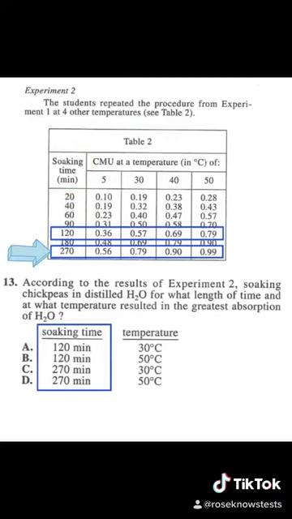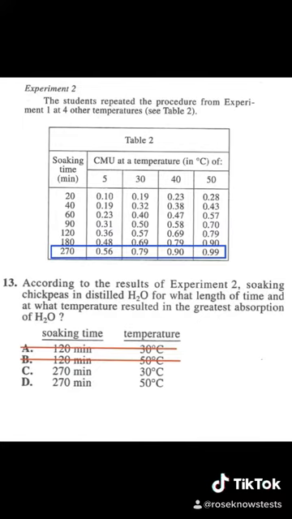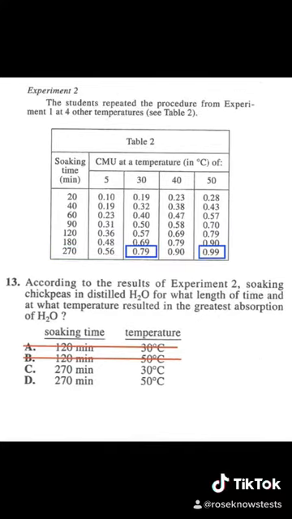As you can see, 270 minutes was always higher, so we can eliminate answers A and B. Now, we've simplified the question because we only have to consider the remaining 2 answer choices. Finally, just compare 30 degrees and 50 degrees, and you can see that 50 degrees is always higher, so D is the answer.